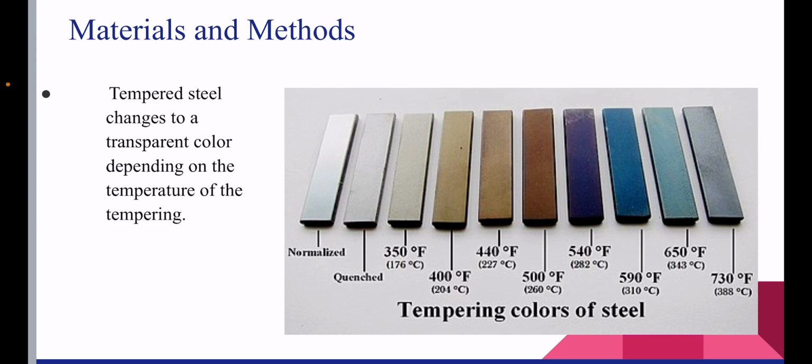So here we've got just a good visual. The tempered steel, this one was actually normalized prior to tempering. And you can see as the temperatures go up, we actually do get a little bit of a change in color. So in some ways you're able to see just by coloration how much heat has been applied to it in that tempering process.